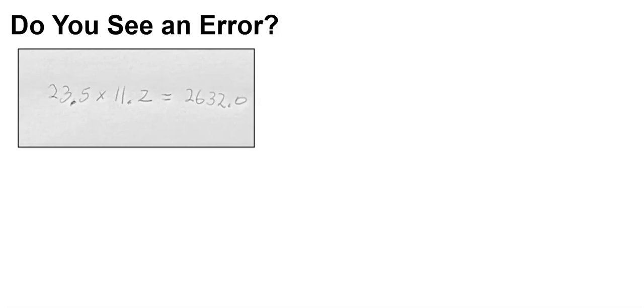Okay, welcome back. So we're going to look at this problem together, and we know 23 5/10 times 11 2/10, they have that it equals 2,632. So right off, I'm thinking that seems like a lot, but I'm going to think about some estimating.